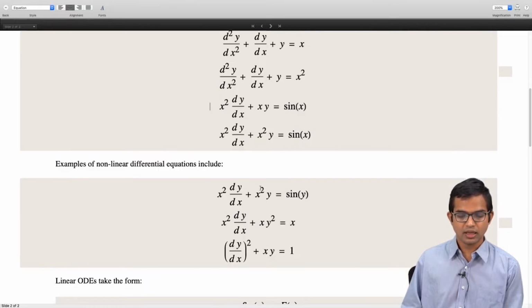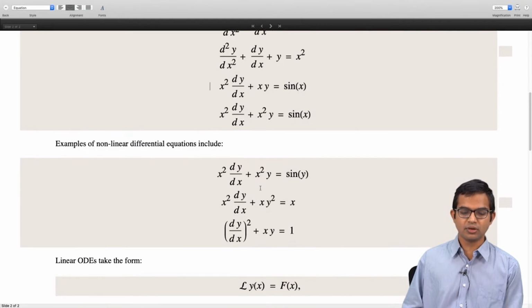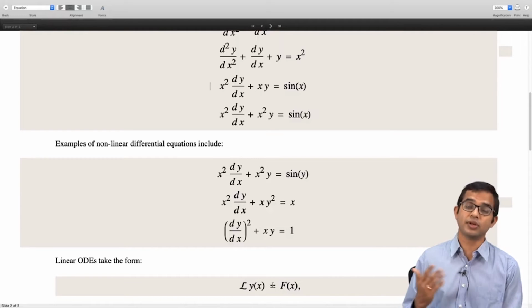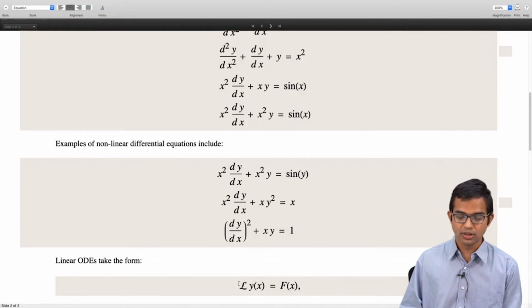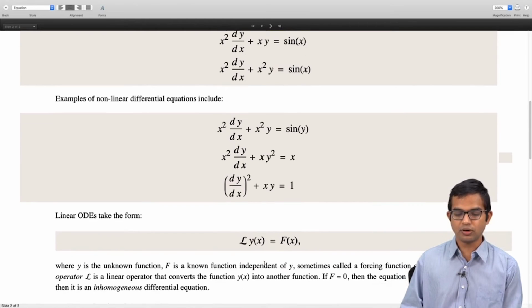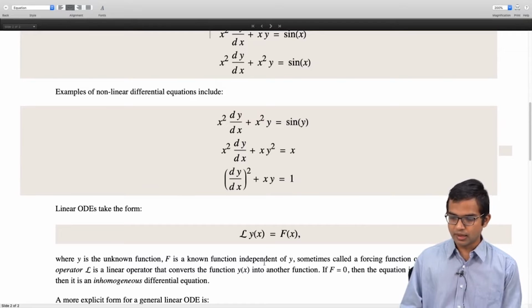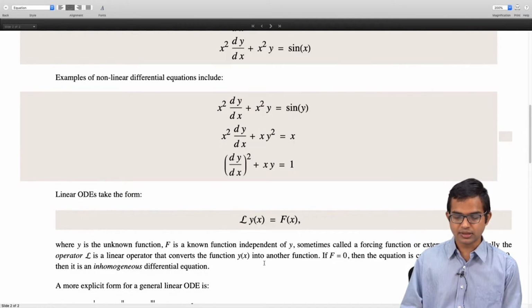Another, so linear ODEs have this very special form. There's a linear operator which acts upon the unknown function y of x, and it can give you some other function of x. So that is allowed, right? So this operator is linear, and a key property of linear differential equations is the so-called superposition principle.